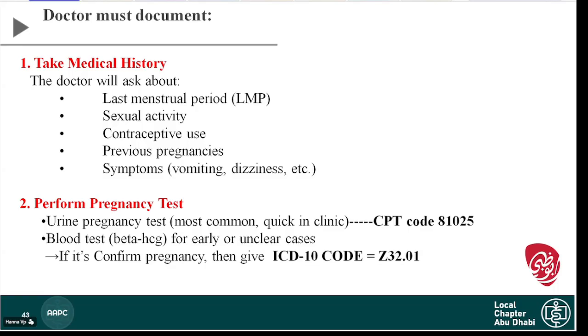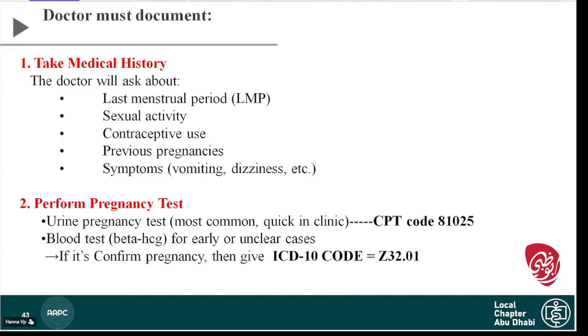So the doctors want to get a proper result, so they will order the blood test, beta HCG. Then finally, after doing these tests, we come back to the doctor and the doctor will confirm whether the pregnancy is positive or negative. If it is positive, see this, C32.01. This is the ICD code that shows the pregnancy positive cases.